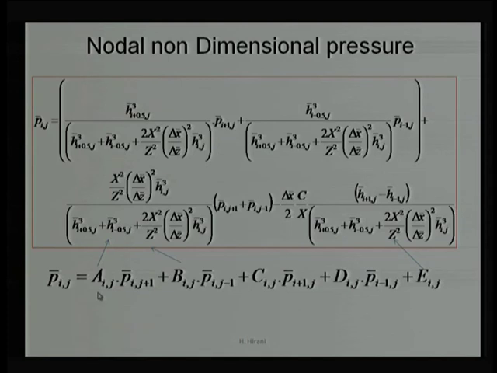Similarly, Aij and Bij are this same term, Aij and Bij are equal. This is the Cij term, where we have a number of terms, and Dij is over here.